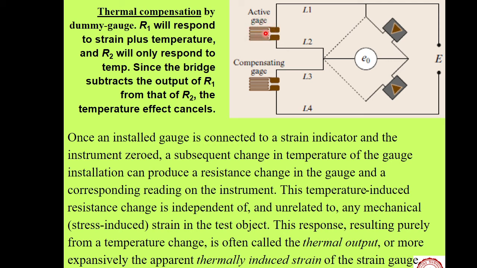This active gauge is subjected to actual stress plus the strain coming from the thermal effect, and this is the compensation gauge. They are also known as the dummy gauge. This compensating gauge, also known as dummy gauge, is placed close to this active gauge, but there it is not subjected to the stress field. It's a dummy, but only the thermal effect is here.